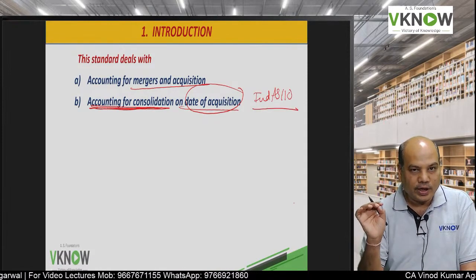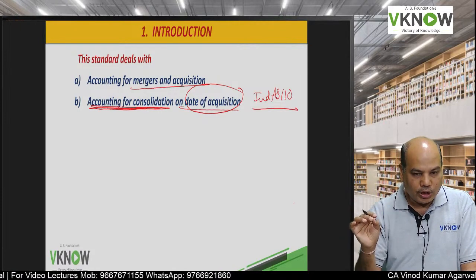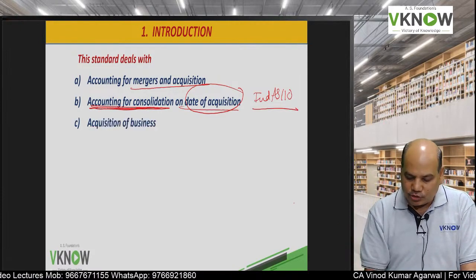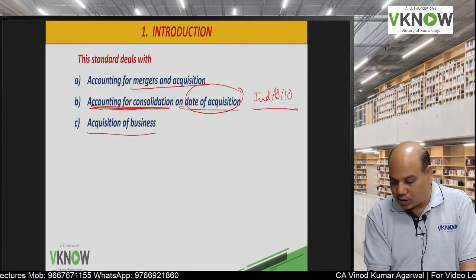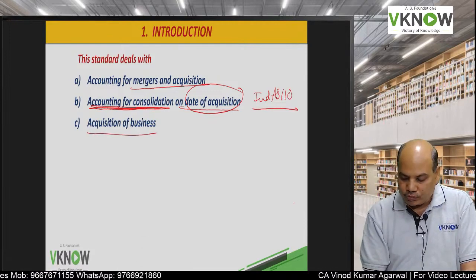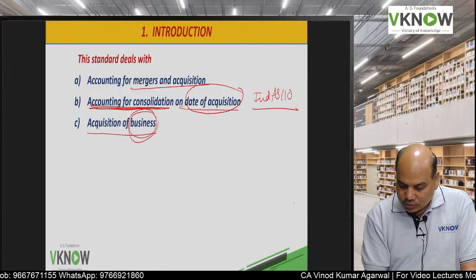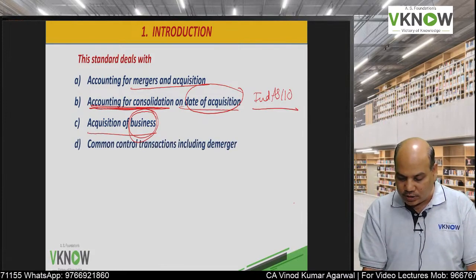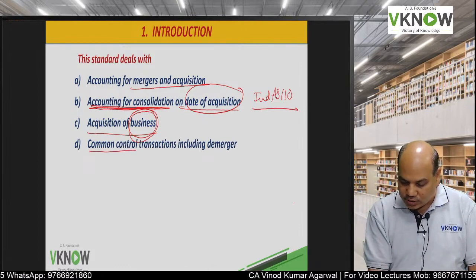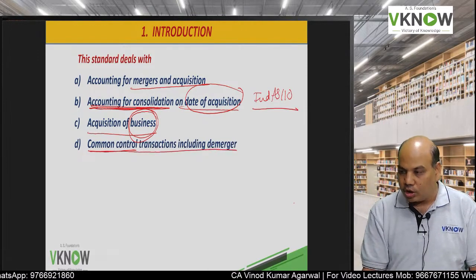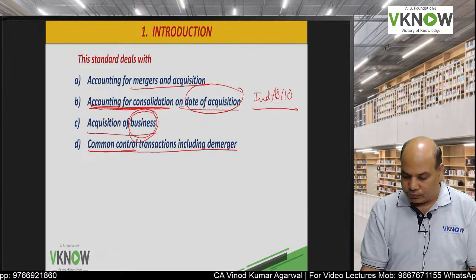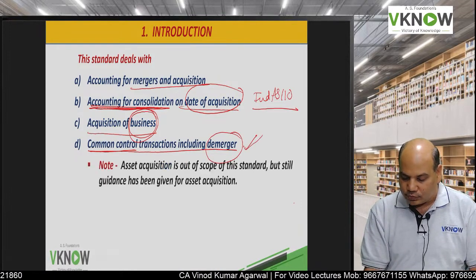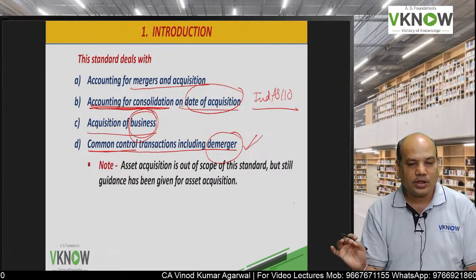But on the date of acquisition, the accounting of consolidation is done as per IND AS 103. Then it deals with accounting of business, which may not be a subsidiary. You may just acquire a business, and it is also covered by this standard. This accounting standard also deals with common control transactions, including demerger, highly tested in your exam, and all this we are going to discuss in today's lecture.